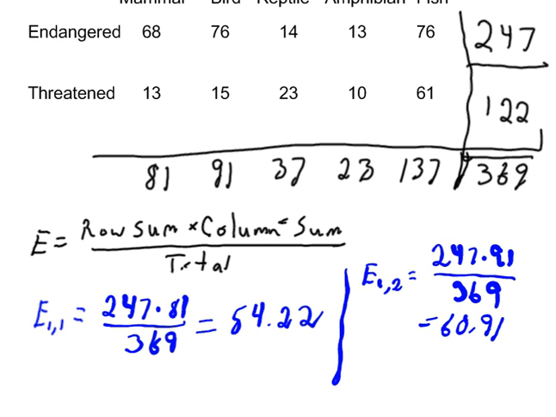And at this point, I want you to pause the video, calculate the rest of them, and check them against what shows up here as I put those on the screen.